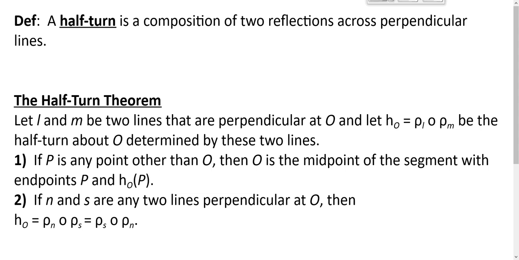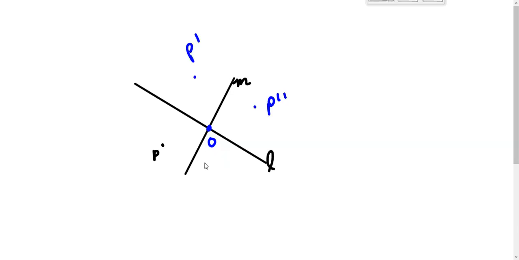A half-turn is a composition of two reflections across perpendicular lines. The Euclidean understanding is fine here. There are some things you should know about half-turns. If P is any point other than the intersection of the two perpendicular lines, then O is the midpoint of the segment with endpoints P and the half-turn of P. This almost makes sense.